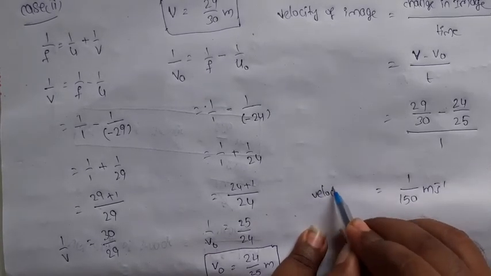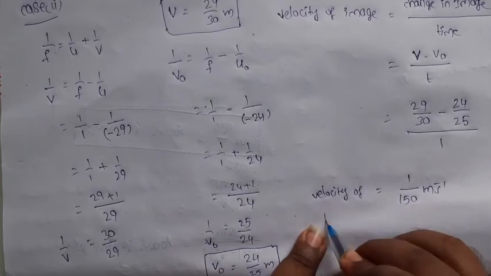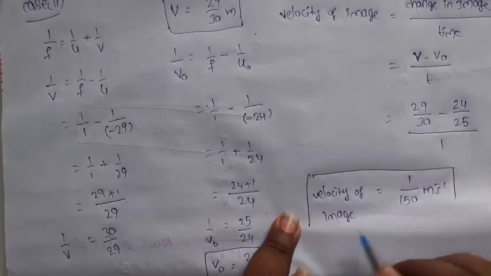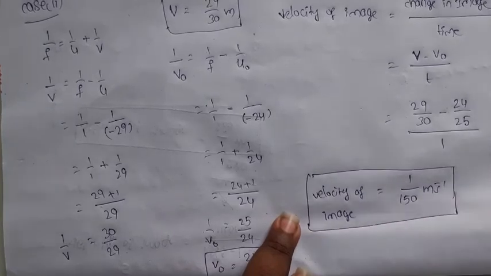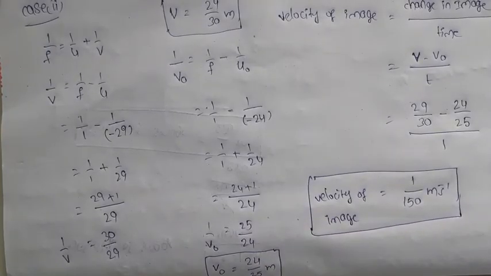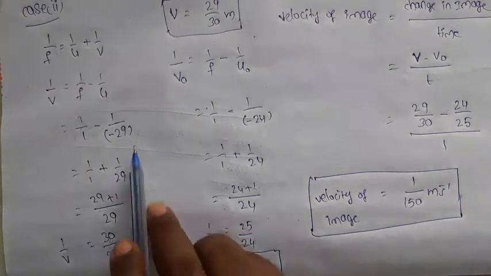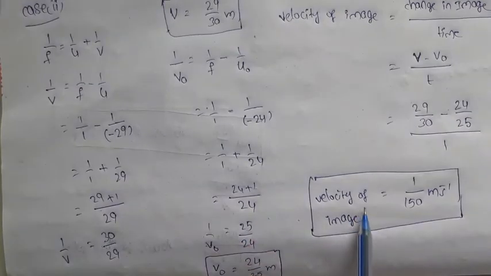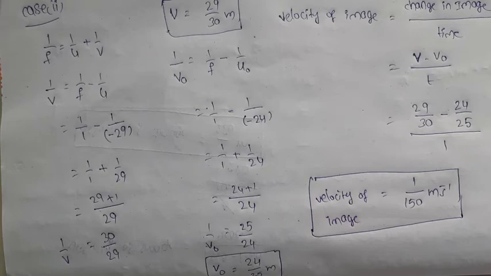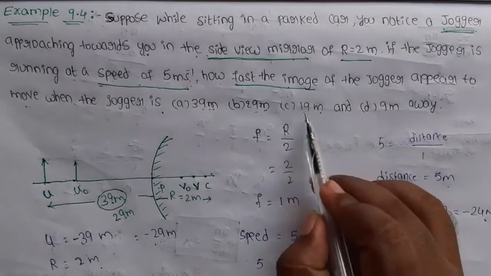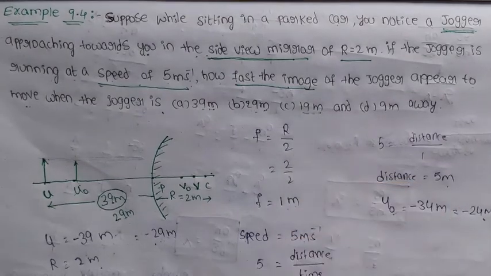So velocity of image is 1 by 150 meter per second. When the jogger is at distance of minus 29 meter, velocity of the image is 1 by 150 meter per second. That is the velocity. Next case, case 3, jogger is at 19 meter.